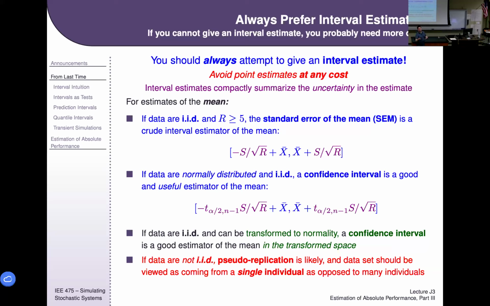Then oftentimes what you do with your data, and I'm not going to ask you to do this in this class, but this is oftentimes what you'll do, is you transform that data with a mathematical function, which makes it more normal. For example, if you've got a lot of really large values, but they're spread out, you run it through a logarithm, so you log transform the data, or a square root.